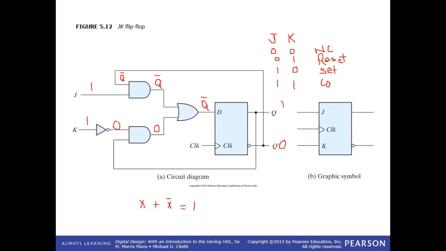This means that if Q and Q bar were equal to 1, 0, they would become equal to 0, 1. And if they were previously equal to 0, 1, they would get equal to 1, 0.